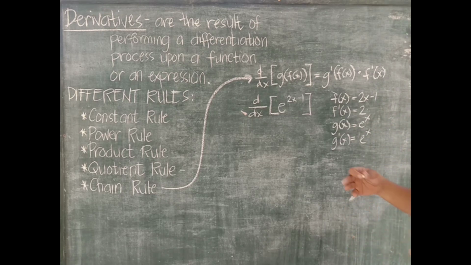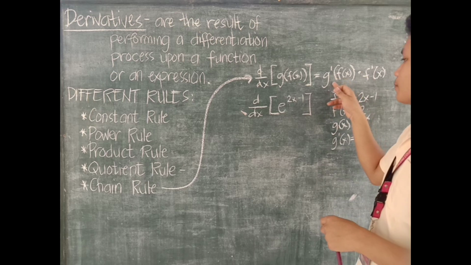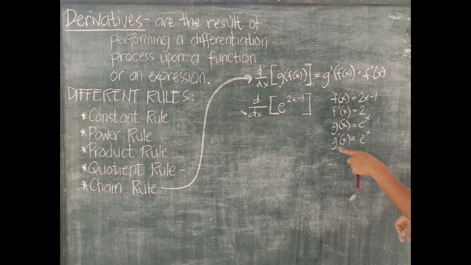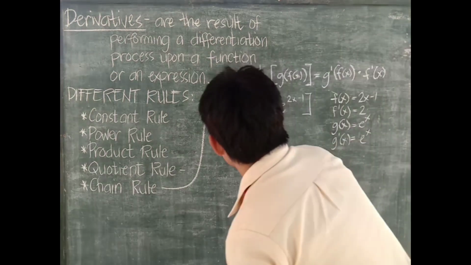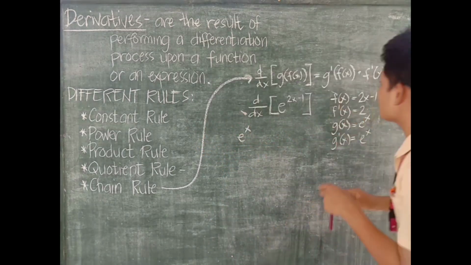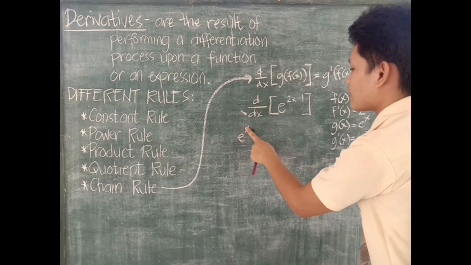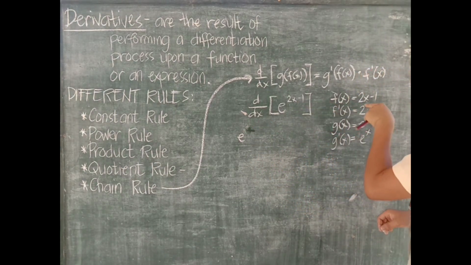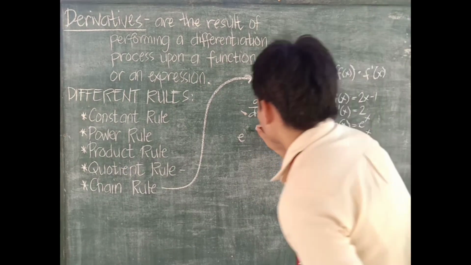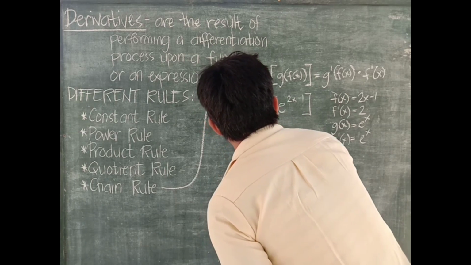Okay, now let's solve this one using this process. Okay, g prime of x is equal to e raised to x. But it says there that the inner function is f of x. So the inner function we have here is 2x minus 1, so e raised to 2x minus 1.